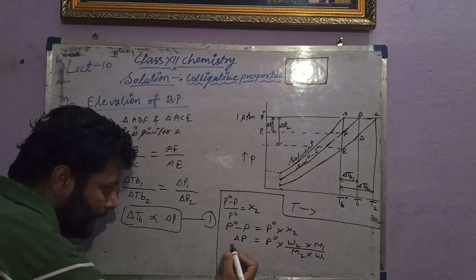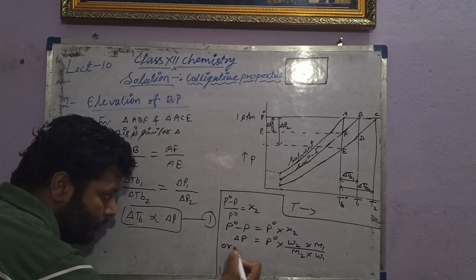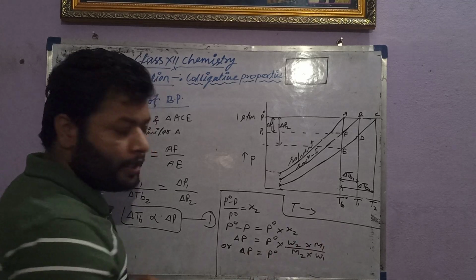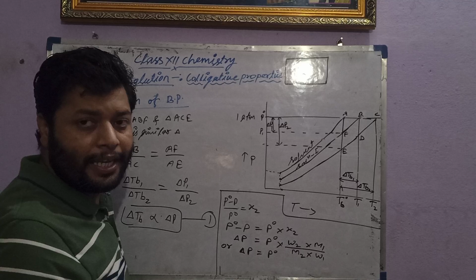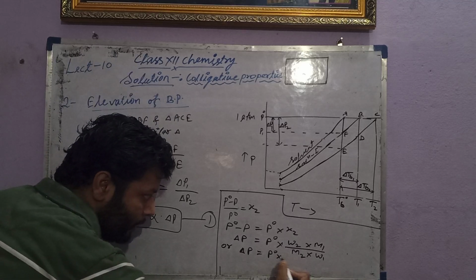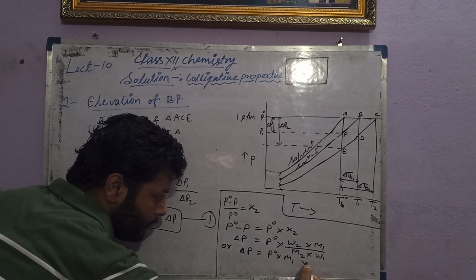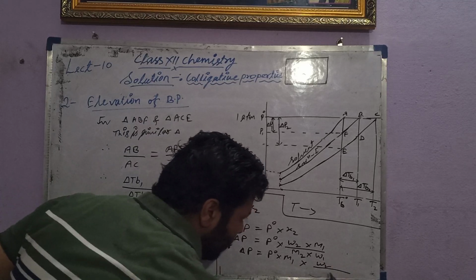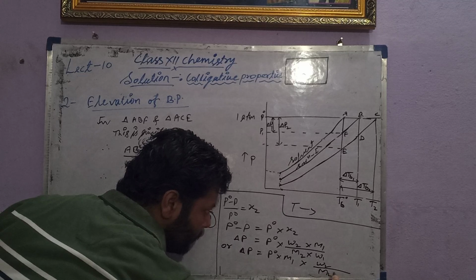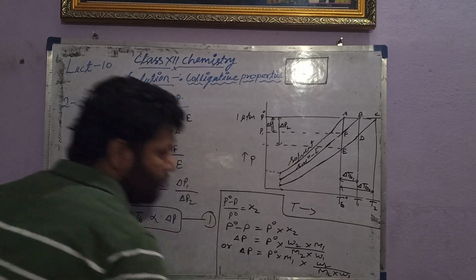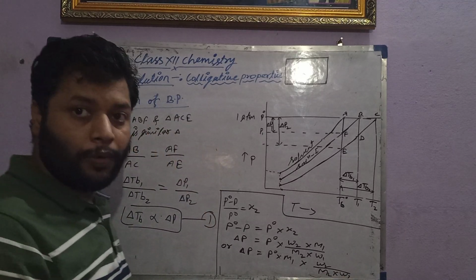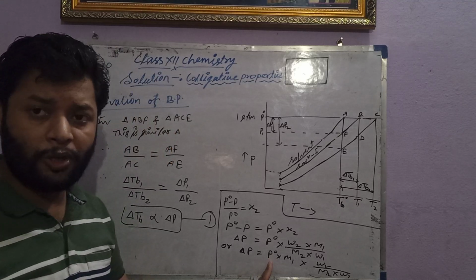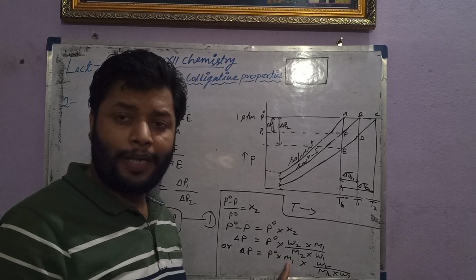This can also be written as delta P equals P naught, and I'm taking M1 outside, into M1 into W2 upon M2 into W1. Actually, P naught is the vapor pressure of the pure solvent and M1 is the molar mass of the pure solvent.